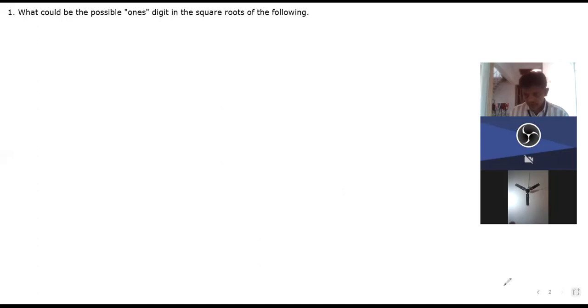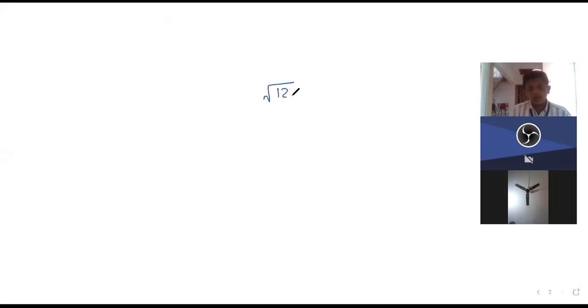Root of 121 is 11, but root of 81 is 9. Means square root of a number ending with 1 may end with 1 or 9. Are you understanding? Yes, sir.